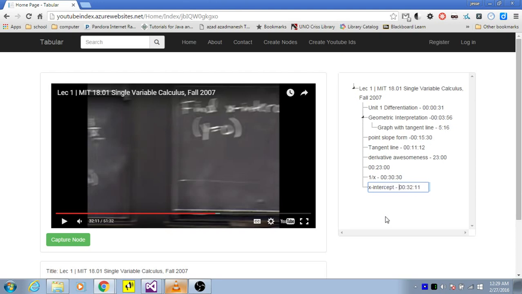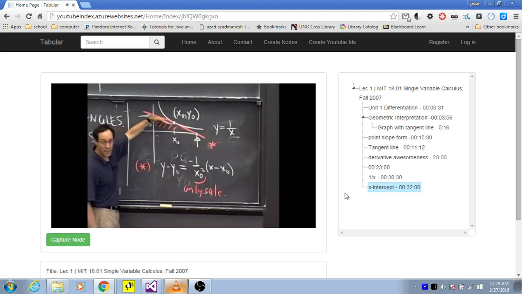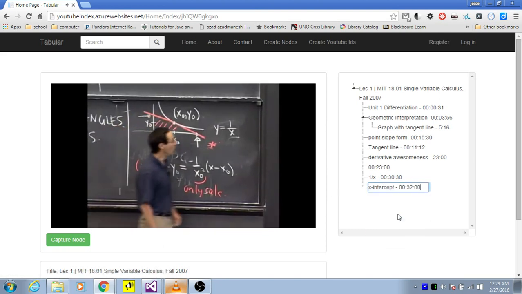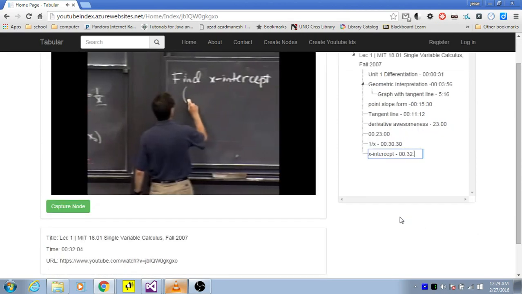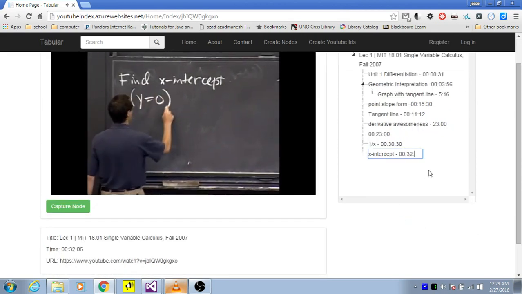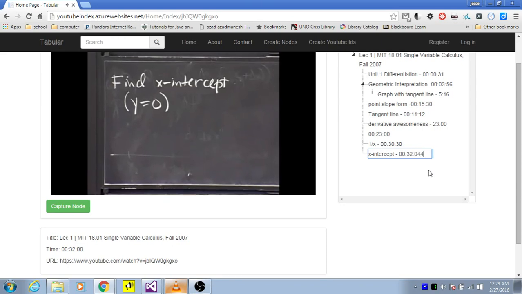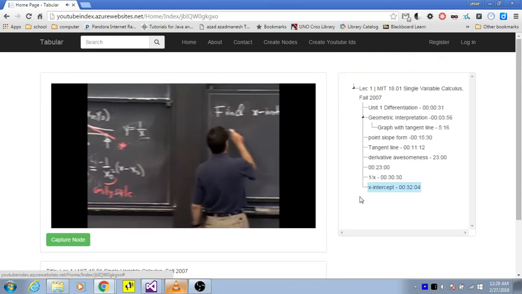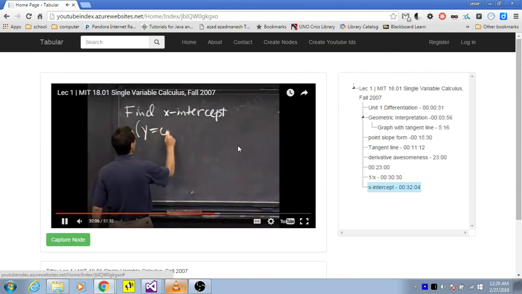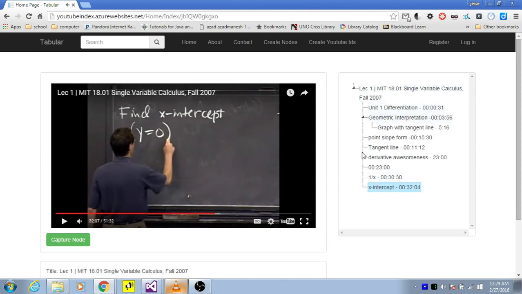You have to delimit it by a dash at the end. I'll make this 0, 0, so it goes a little farther back. Meets that diagonal line. And the equation for the x-intercept is y equals 0. Right. 0, 4. Intercept is y equals 0. So you can see how you'd like this.